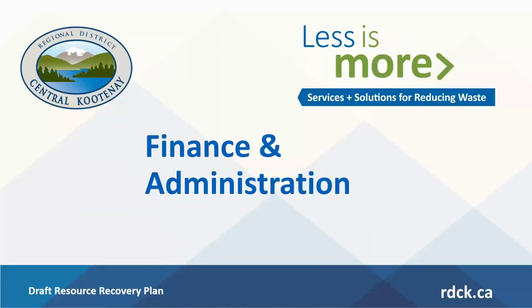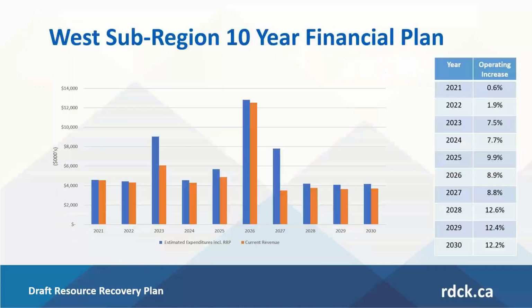The financial and administrative implications of the new plan are presented here. For the West subregion, this chart shows a 10-year financial plan. Local governments in BC have to adopt 5-year financial plans. RDCK staff have taken the approved 5-year plan and taken it out for 10 years with the approved revenue and the anticipated capital expenditures.